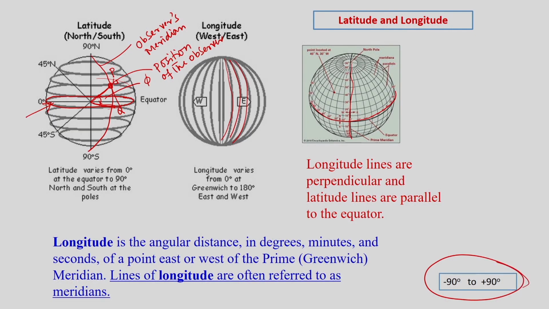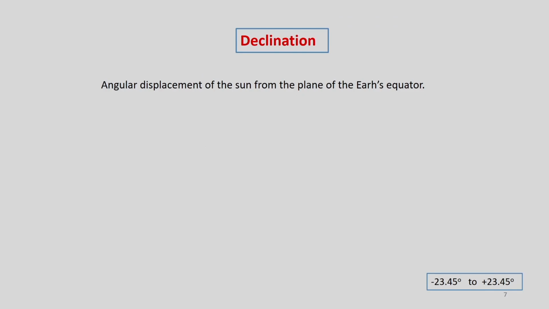Let us discuss the other angle, declination. Declination signifies the angular displacement of the sun from the plane of the earth's equator. To define it, let us draw the sun here and the earth here, and connect the centers.